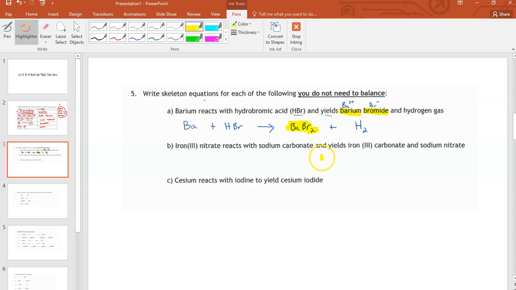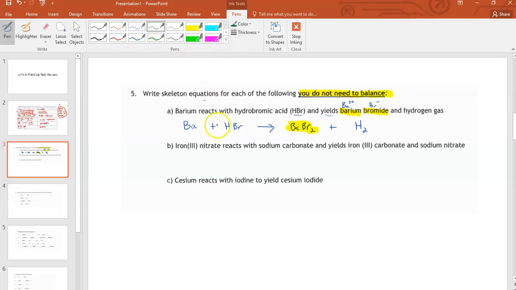So again, if you are unsure how I got this formula, you need to go back to this slide where this video is linked and watch the basic ionic bonding review produced by the amazing Tyler DeWitt. All right, so that's a skeleton equation, and this is not balanced, but it says you don't need to balance, so we're not going to worry about that right now.